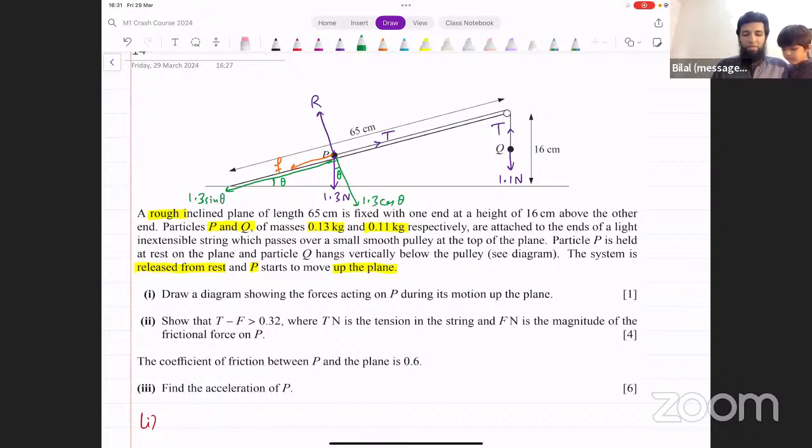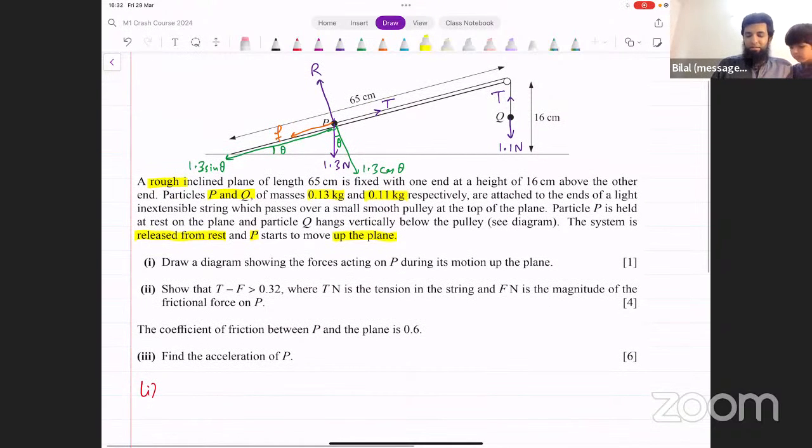These are the two components of weight. Now we just need to say that since the particle P is moving up the plane, the force T should be greater than friction plus 1.3 sine theta. So force T has to be greater than friction plus 1.3 sine theta. Okay.